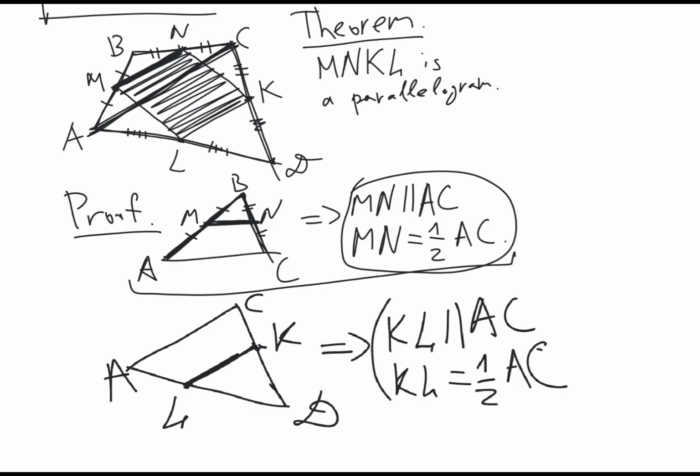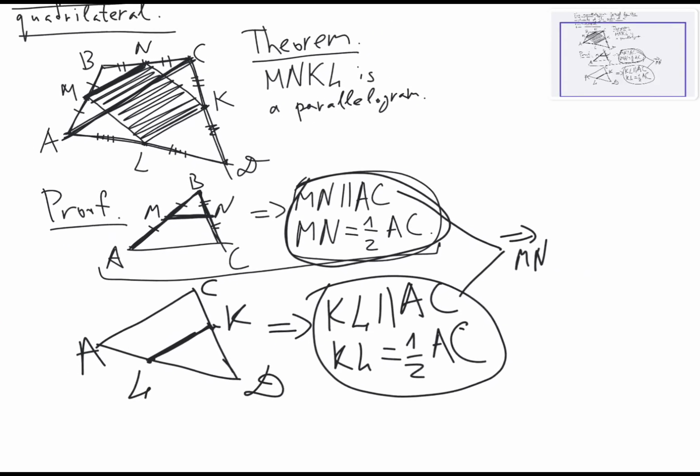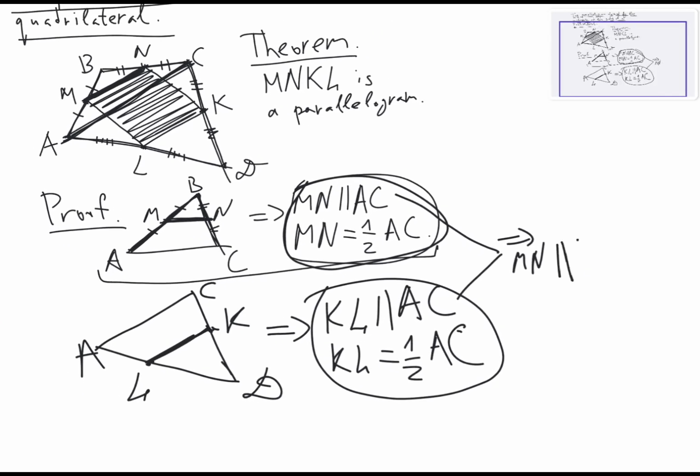So now we look at this and this, and particularly from the parallels, we conclude that MN is parallel to AC, which is in turn parallel to KL. So all these three lines are parallel to each other, and so MN is parallel to KL.